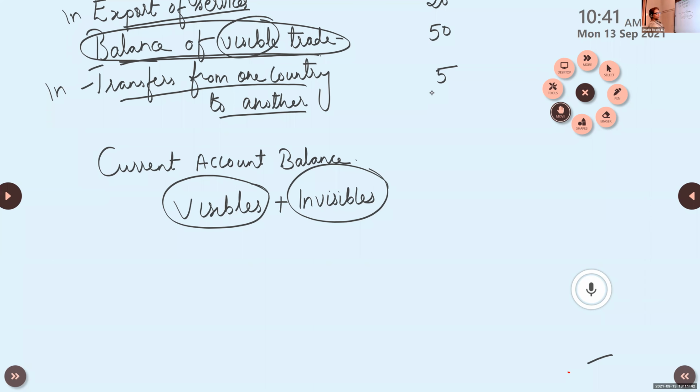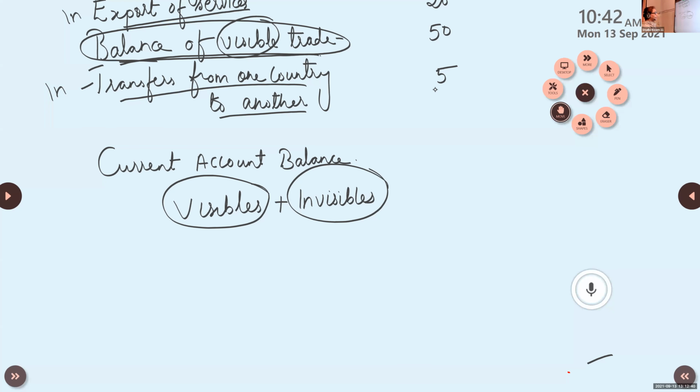Everyone, when you are writing the answer, please write it with the units.